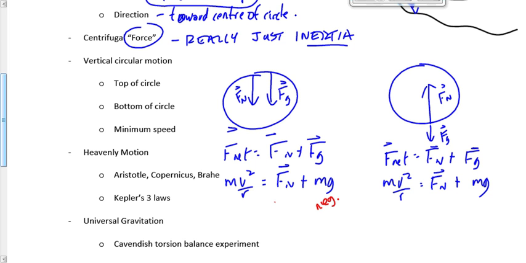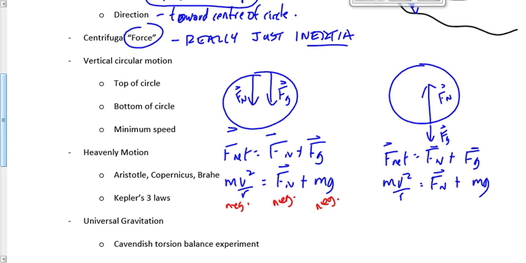Downwards. So we're going to make that negative as well. And at the top of the circle, which way is the net force, the centripetal force? It's downward. So we're going to make them all negative when you're at the top of the circle. If you've got two downward forces, the net force or the centripetal force must be downward.